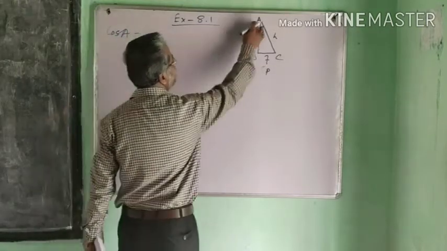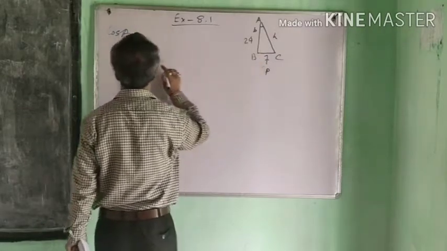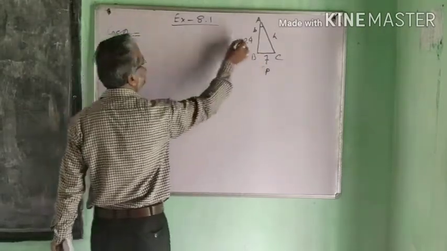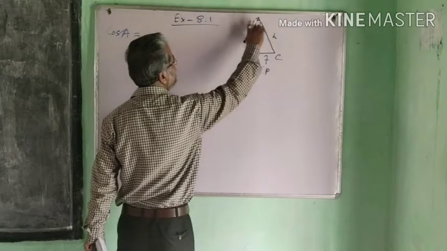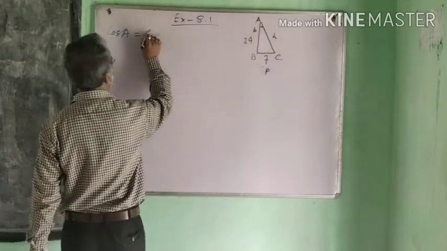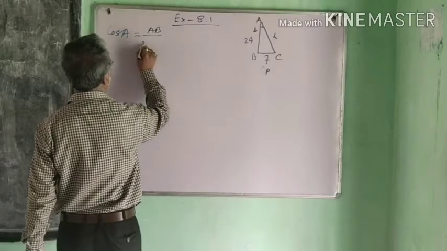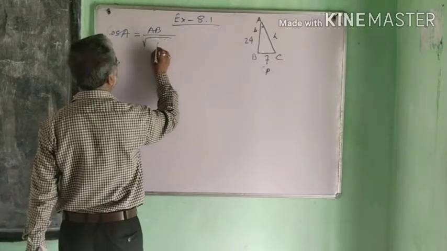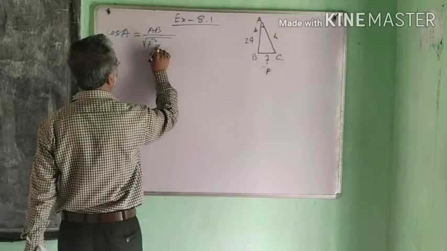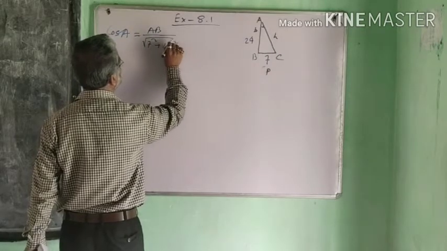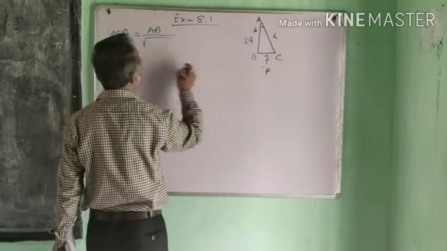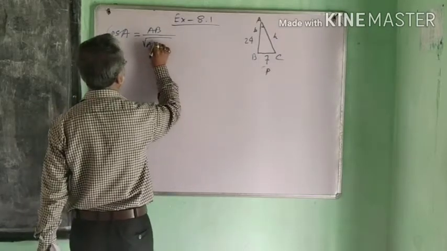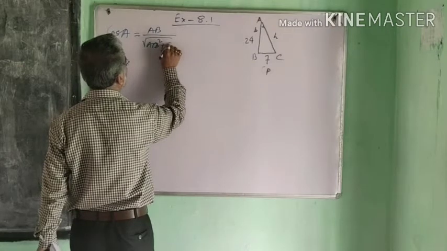Sorry, base is AB with respect to angle A. Base is AB and hypotenuse is root over AB square plus BC square.